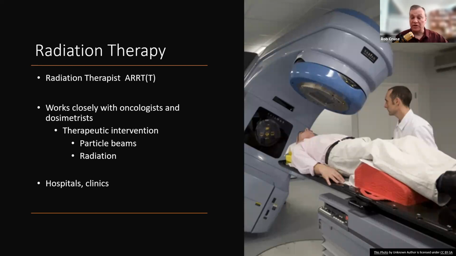They also work with the dosimetrist. The dosimetrist is a subset of the radiation therapy world, and they are able to calculate the energy that's going to be deposited into the body, and make sure that they are aiming it and shaping the beam to the right spot, so it kills the cancer cells and leaves the other cells around them to have a better chance of surviving and recovering.